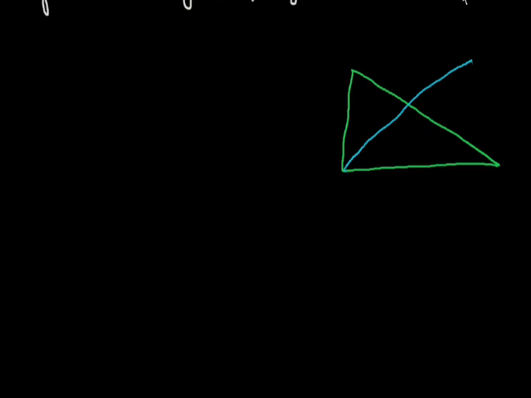Let us understand with the help of an example. Here we are given two triangles. One is triangle ABC and the other triangle is triangle DBC, and angle A and angle D are right angles, that is they are 90 degrees.